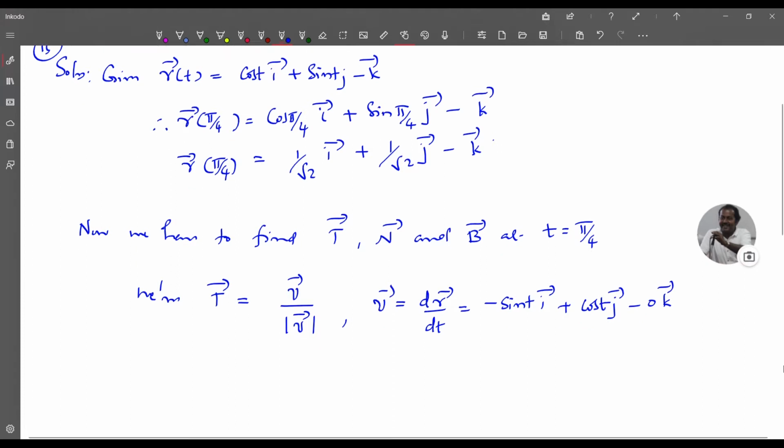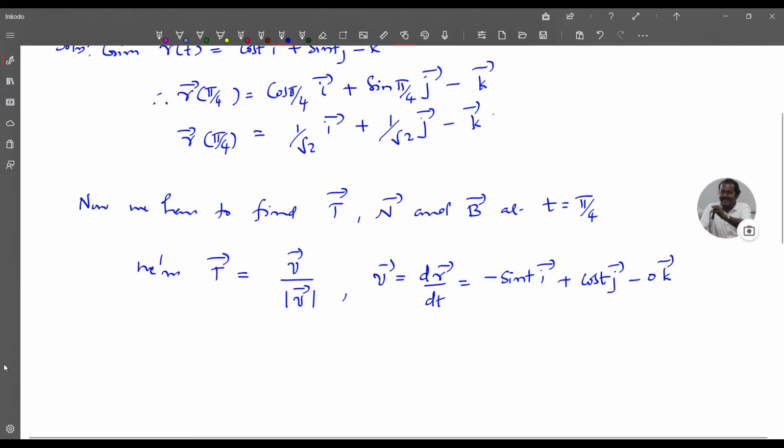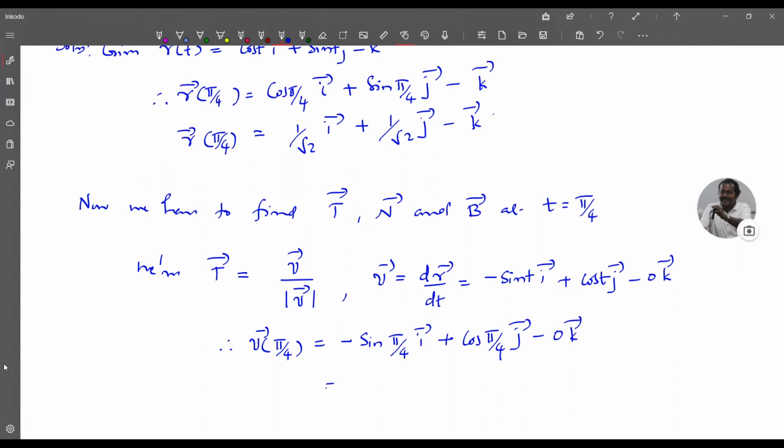Therefore, v at pi by 4 is minus sin pi by 4 i plus cos pi by 4 j minus 0k. So this is minus 1 by root 2 i plus 1 by root 2 j minus 0k.